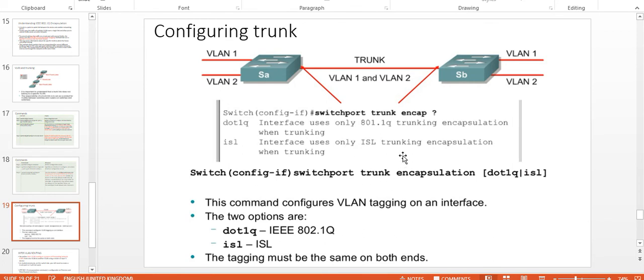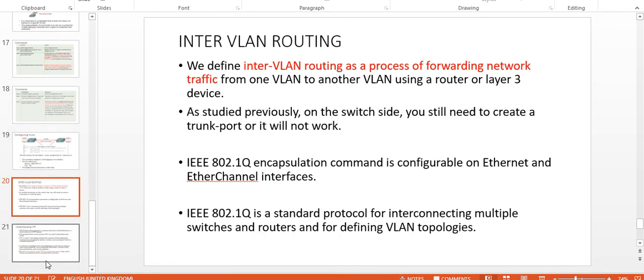There are two options of VLAN tagging, okay, but we will be using .1q version, not ISL version, okay. Specifically in lab number 8 you will see some details of this tagging version. And when you are doing inter VLAN routing, it means you are making two VLANs communicate. Say VLAN number 10 for example and there is VLAN number 20, then to make them communicate with each other, you will be using a layer 3 device first of all, which is a router, okay.